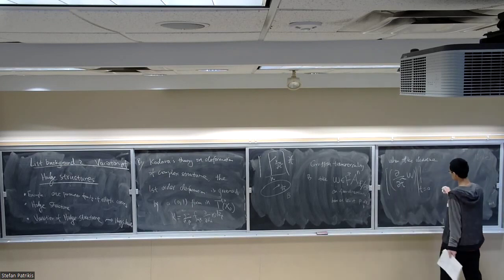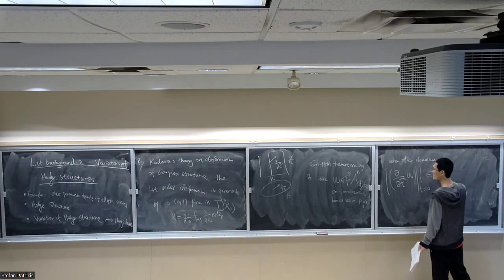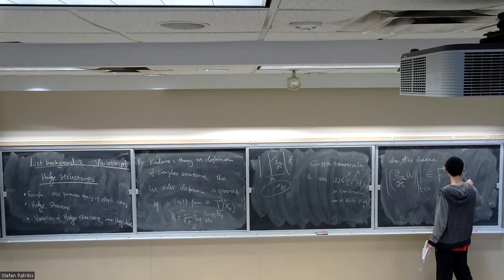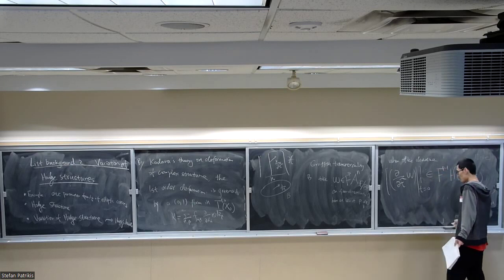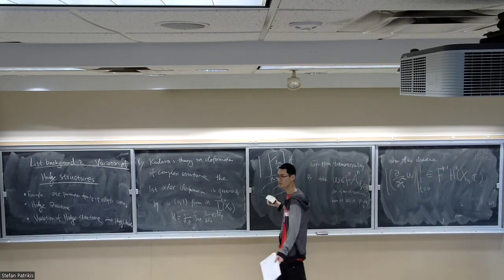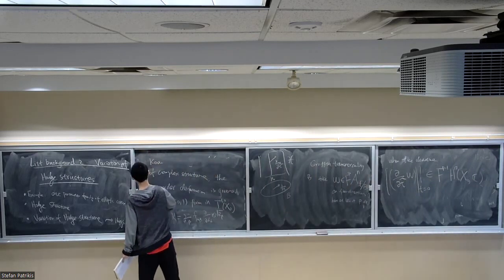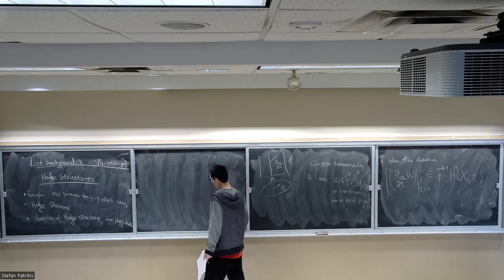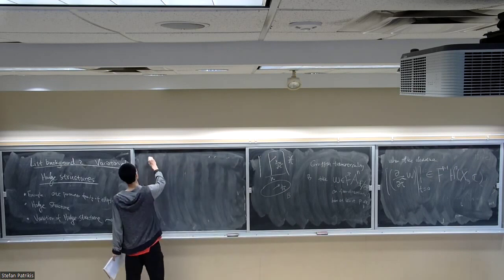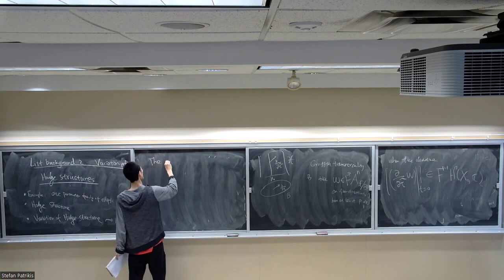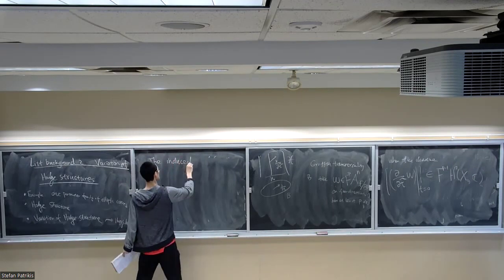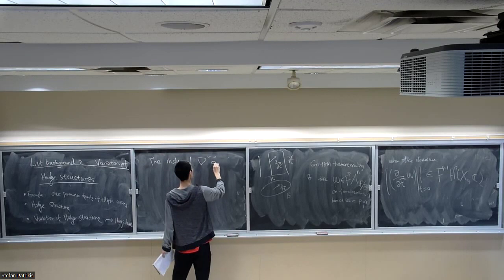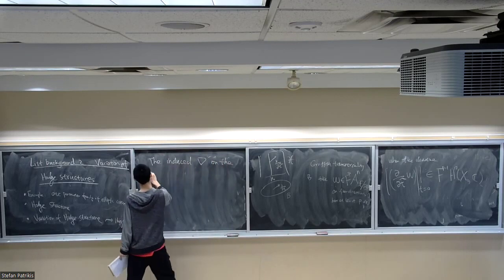The Griffiths transversality tells you that this class lives in F^{p-1} of H^n of X. So when you mod out, you get the induced nabla on the graded piece.